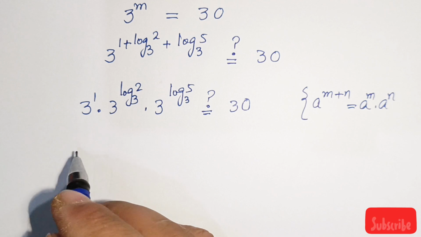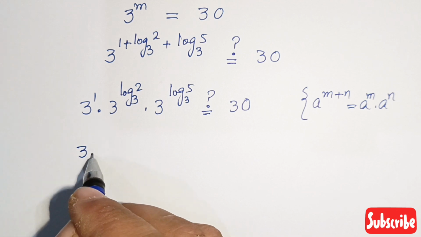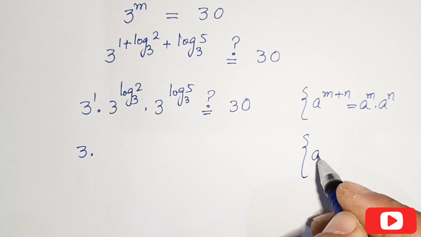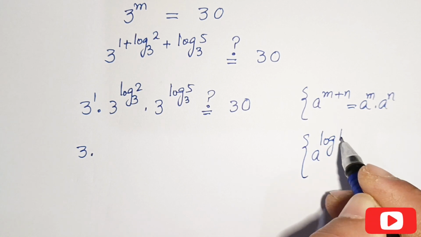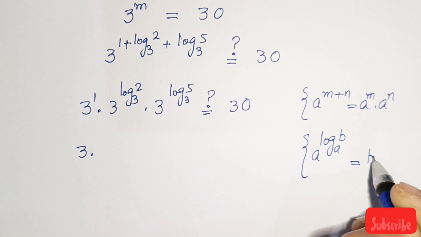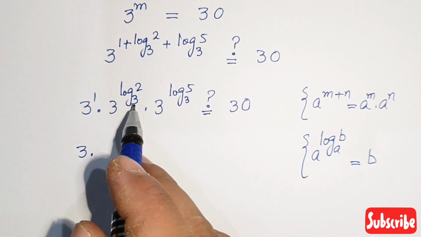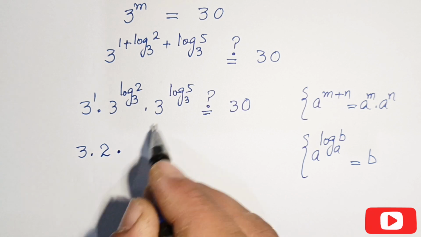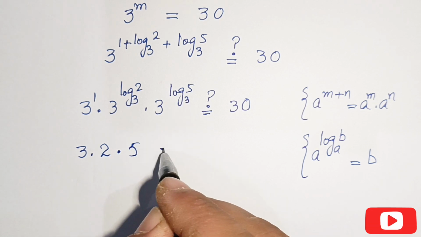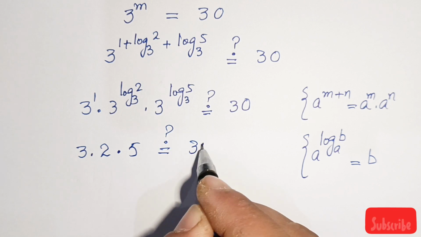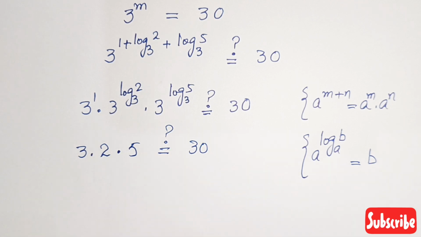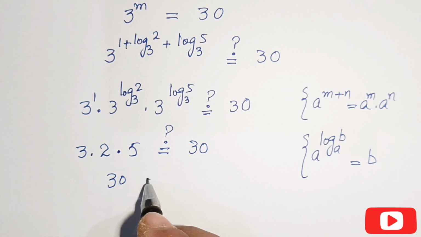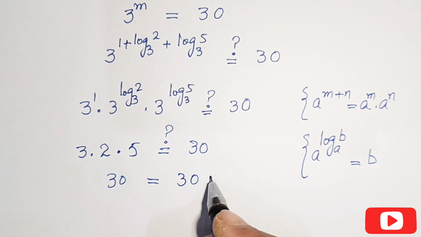Now 3 to the power 1 is 3, and here we can use the logarithm law: if we have a to the power log b to base a, then it is equal to b. So here we get 3 times 2 times 5. Now 3 times 2 is 6, times 5 is 30, so 30 is equal to 30.